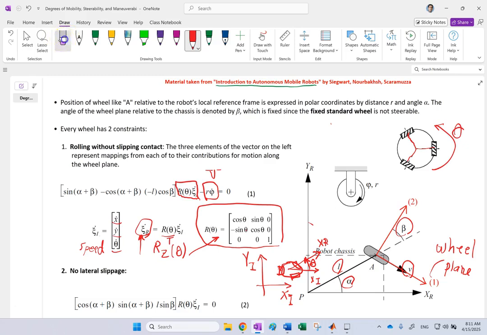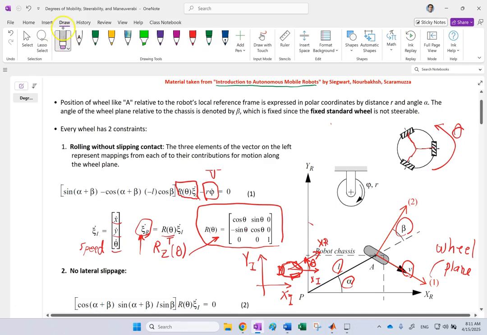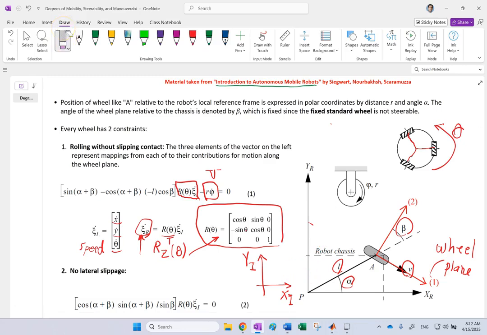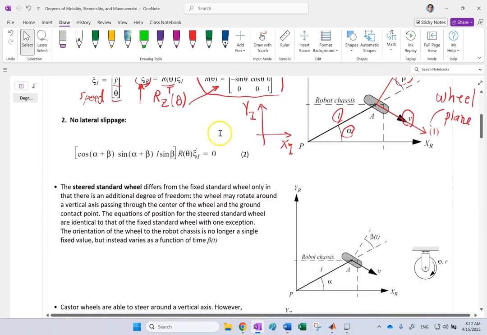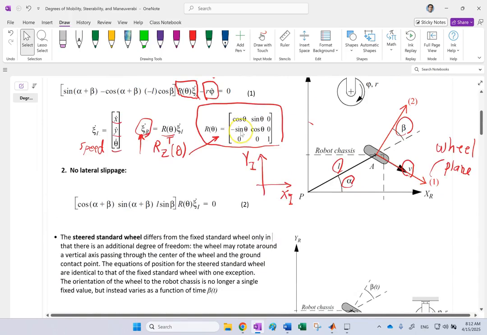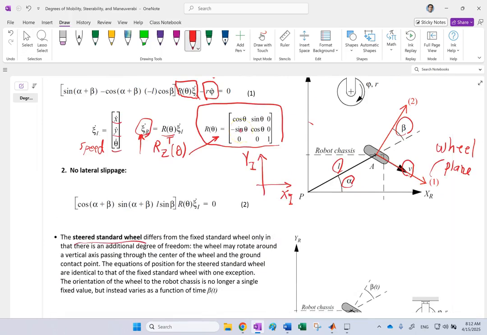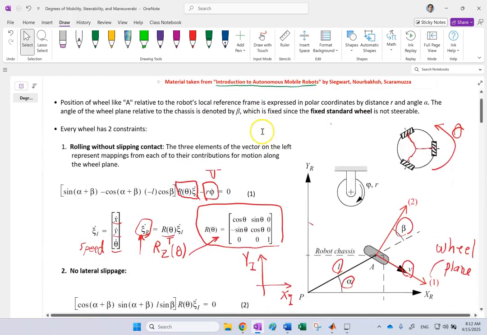I just want you to know which ones are variable, which ones are constant. Right now we are talking about a fixed wheel, a wheel that does not steer for the moment. So let's assume for a moment beta is constant. Later we can make beta time variable, as I said, for the steered standard wheel. So this is a fixed standard wheel.